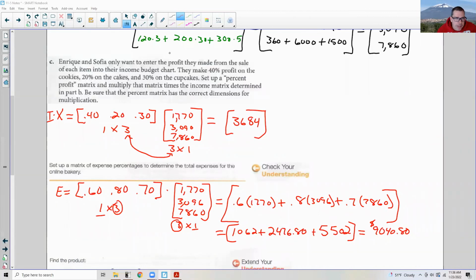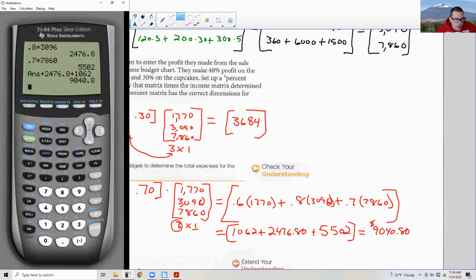Okay, I made one mistake there. I thought that was 3096. It's 3090. So this is 3090. My apologies there. So 0.8 times 3090. I was kind of questioning that when I got pennies.